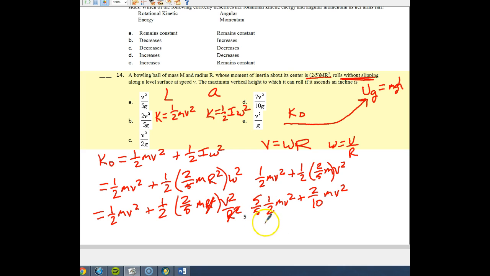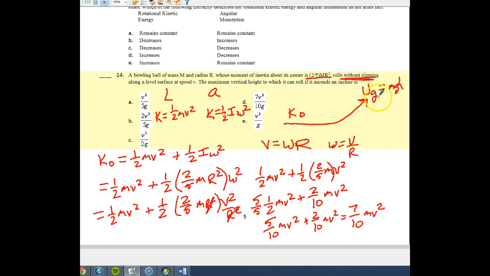If I do that, I'm going to get 5 over 10 mv squared plus 2 over 10 mv squared, and if I add them, I get 7/10 mv squared. So if this is 7/10, then it's also going to be 7/10 for the potential energy.